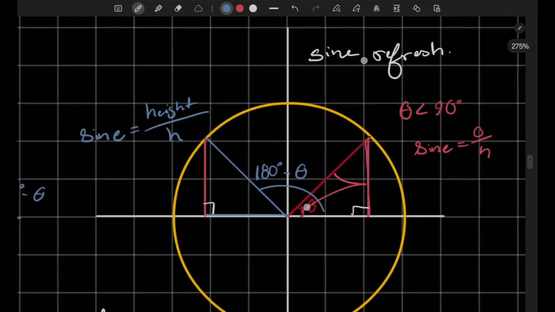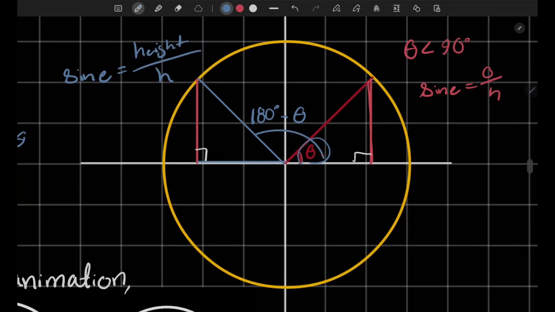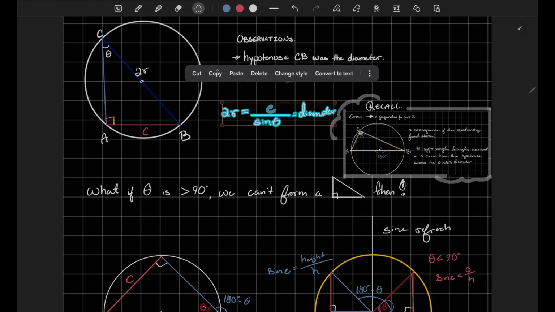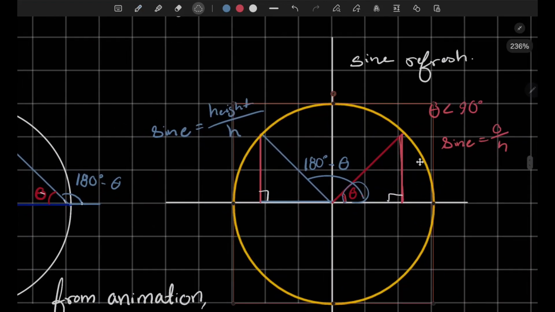So because with supplementary angles, when you have the 180 minus theta, or when you have just the theta, you have the same height. When you do this ratio above, you're gonna get the same value because sine theta is giving you the height of here.